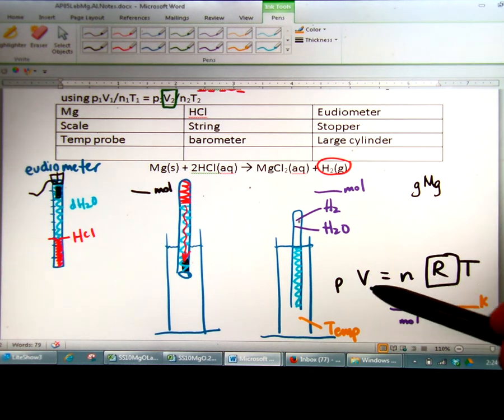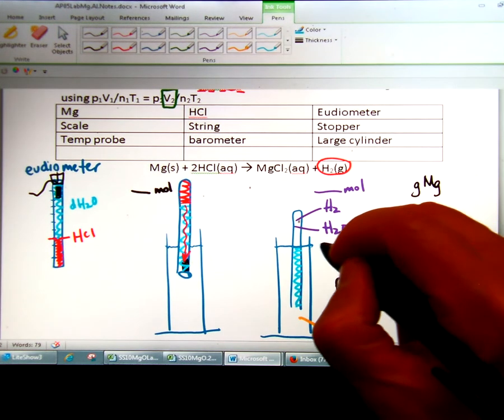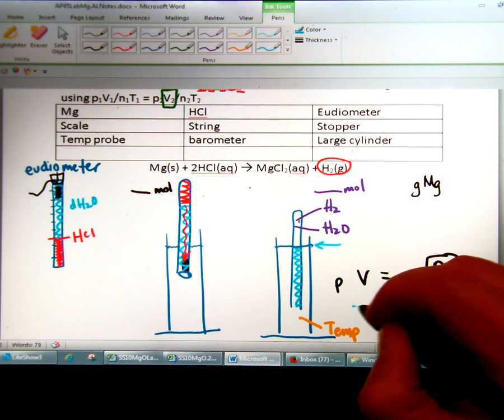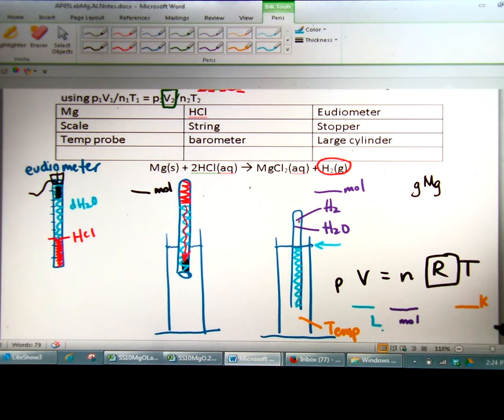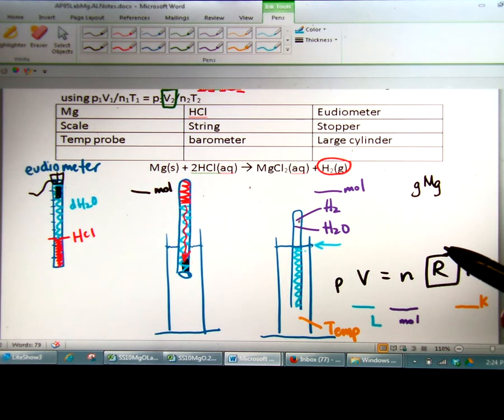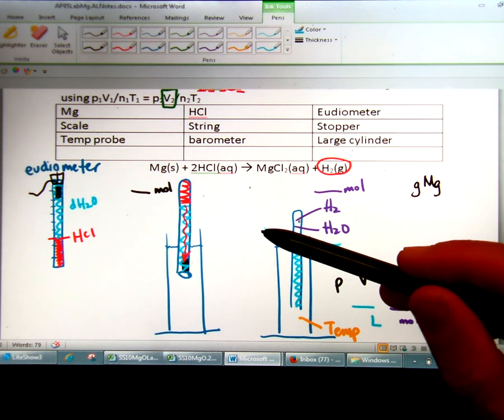All right, volume is going to be fairly simple because with volume, all you have to do is read the level right there in the eudiometer. So the volume is going to be, of course, in liters, and that's going to be from the eudiometer. The last part is the pressure, and that's the tricky part. Okay, for the pressure, you have to understand that the pressure inside here is going to be the same as the room.